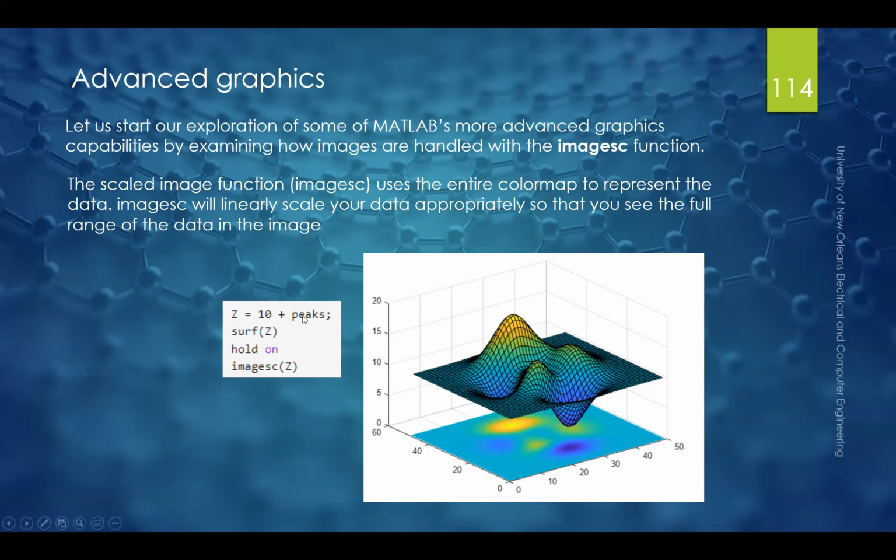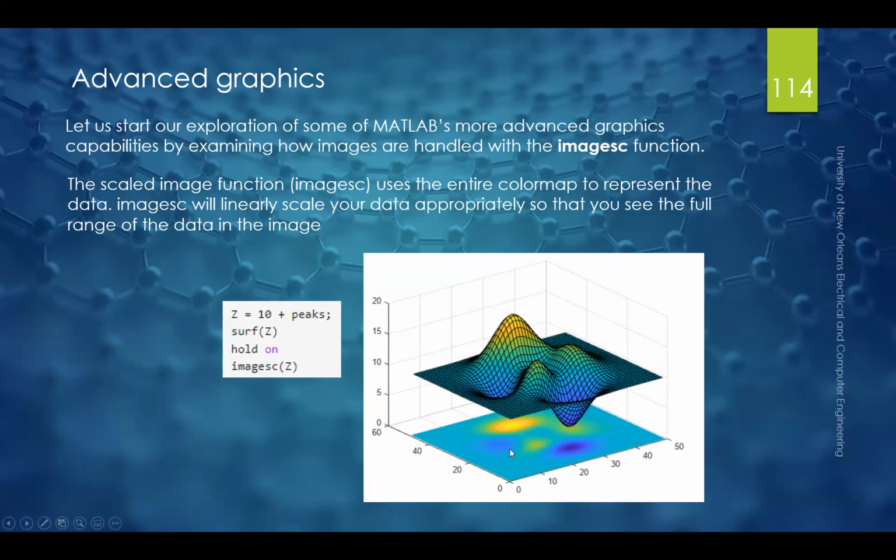So doing this first part just moves it. When I hit surf, you can see that three-dimensional image being pushed up by 10 units, and that way I have room at the bottom to then display the same image, but this time using the image scale function.